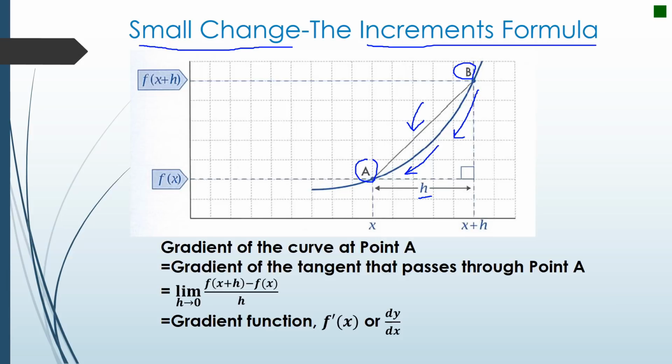Then the gradient of the secant line AB will be approaching the gradient of tangent at point A, which is also equal to the gradient of the curve at point A. So we define the gradient of the curve at point A, as the gradient of the tangent that passes through point A, as the limit of f of x plus h minus f of x divided by h as h approaching 0.